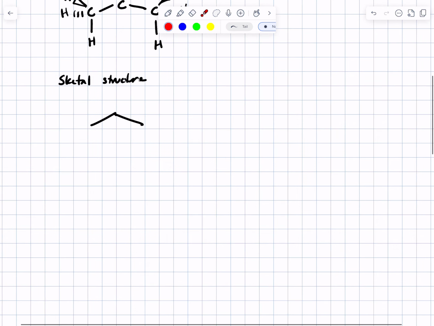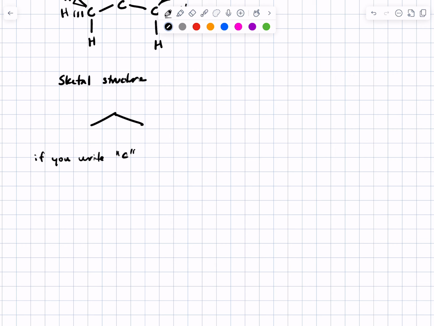One important rule for skeletal structures is if you write the letter C out instead of using the easy way of not writing the C, you must draw the H's on that carbon.